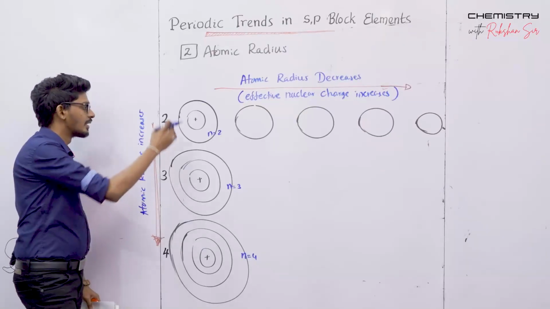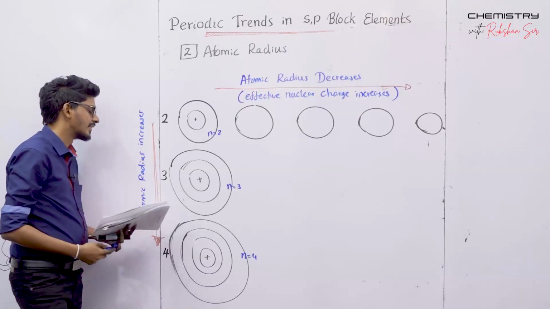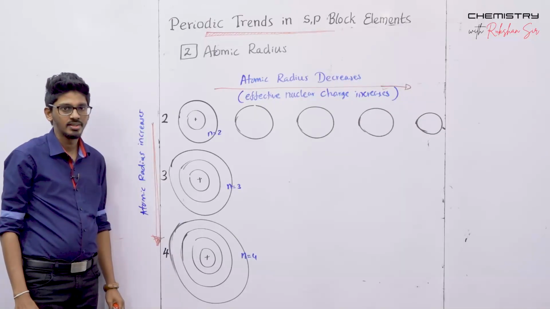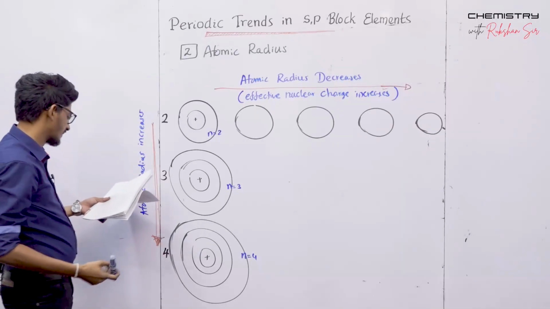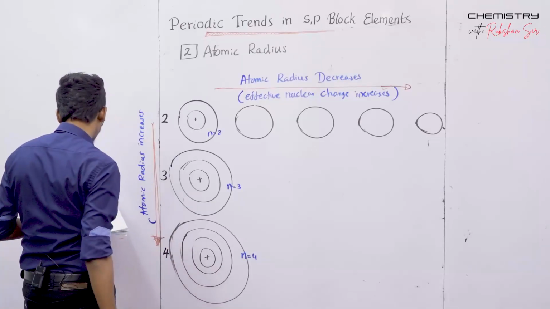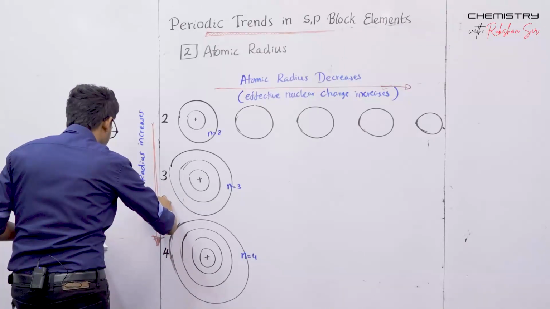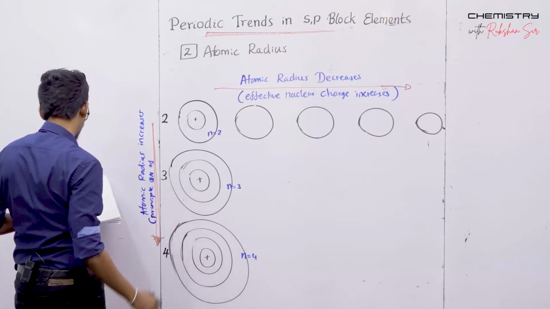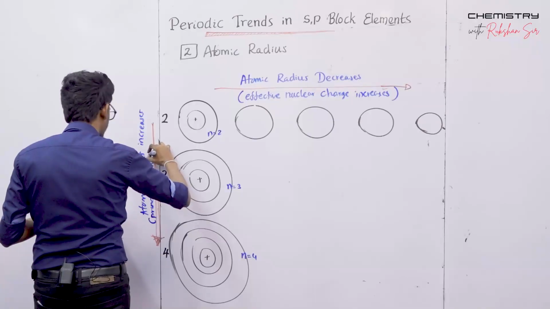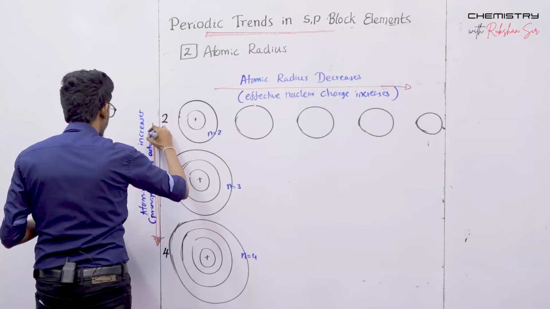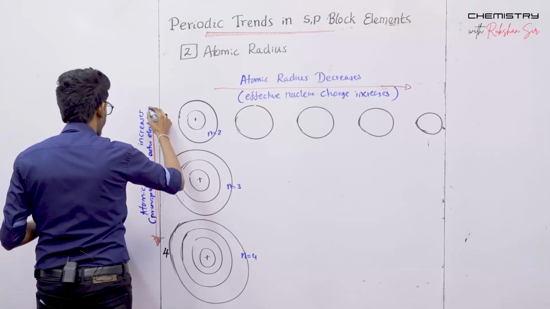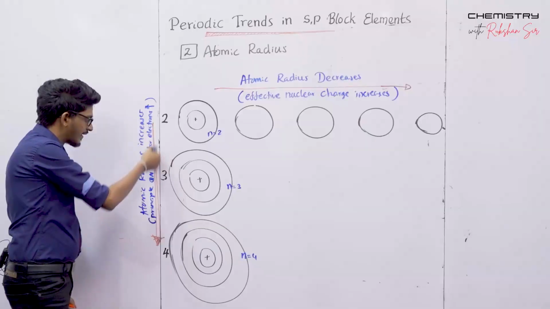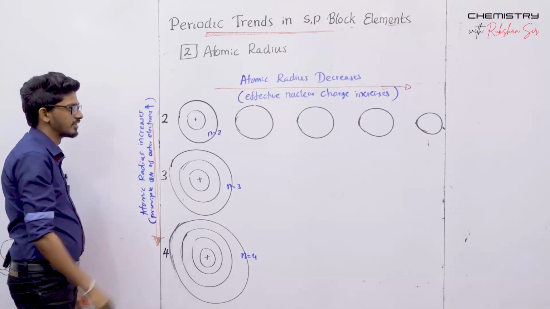Or one can say the number of electronic shells increases. That is why the atomic radius increases. Both are acceptable reasons, right? So that is mentioned here: the principal quantum number of the outer electrons increases, or the number of electronic shells increases.